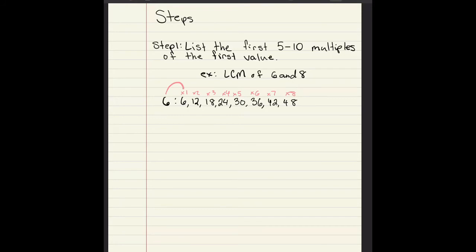I got this by doing 6 times 1 is 6, 6 times 2 is 12, 6 times 3 is 18, 6 times 4 is 24, and so on and so forth.